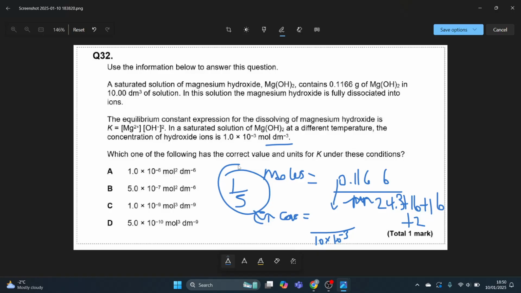In a saturated solution of magnesium hydroxide at a different temperature, the concentration of hydroxide ion is 1.0 times 10 to the power minus 3. So I've gone from 1 over 5 to 1.0 times 10 to the power minus 3.